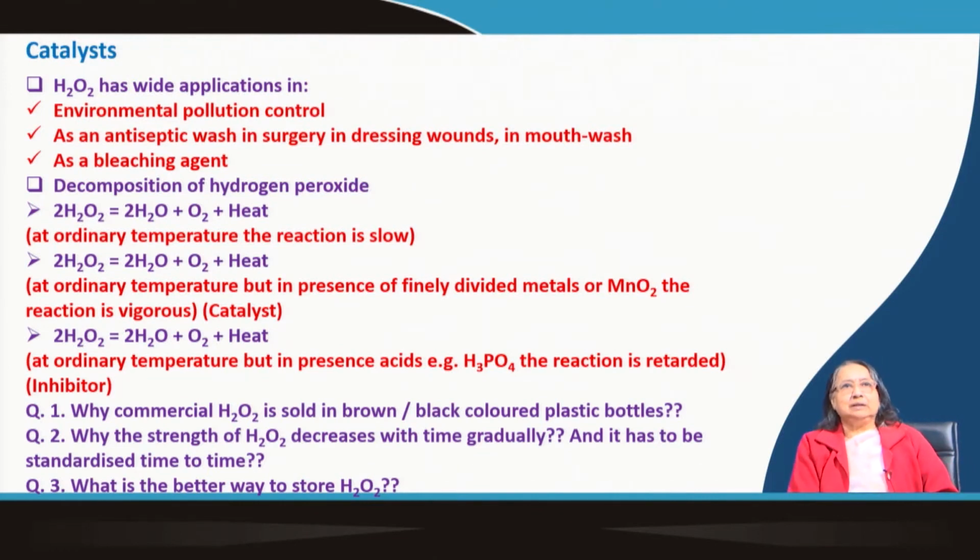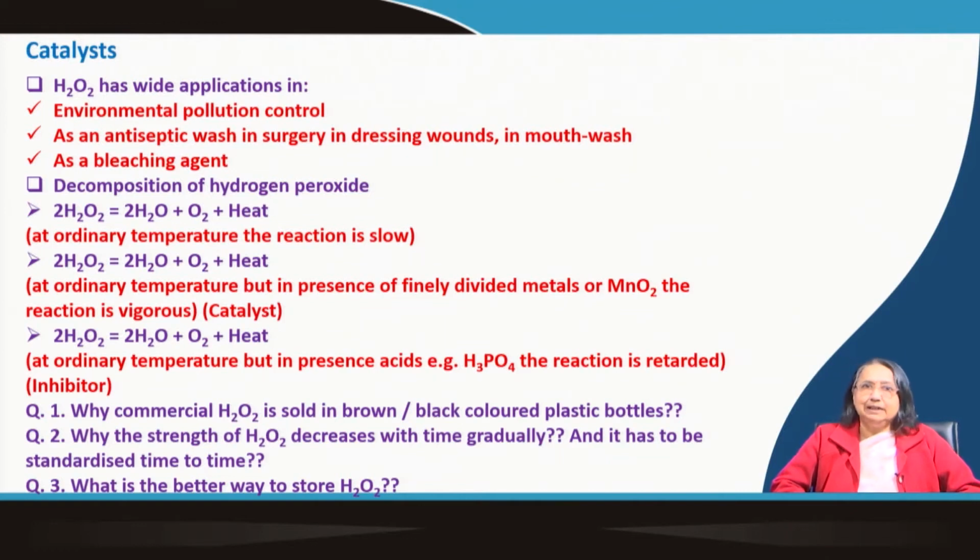That is why time to time you have to determine the strength. Okay. There are some standard procedures by which you can determine the strength of H2O2, that you have to do, otherwise you will come to a wrong conclusion, because your strength is not the same, and it is changing. So, your conclusions will be wrong.